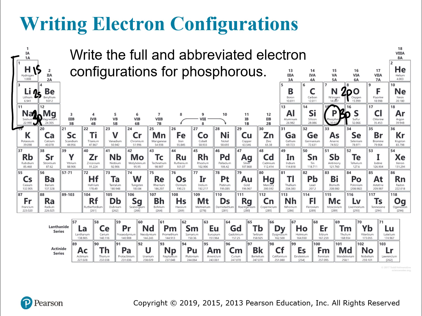For the full one, you're going to start with the 1s. You always start with the 1s. And we're going to fill it because we have not reached phosphorus. So there's 1s1, 1s2. Then you go down to the second row.